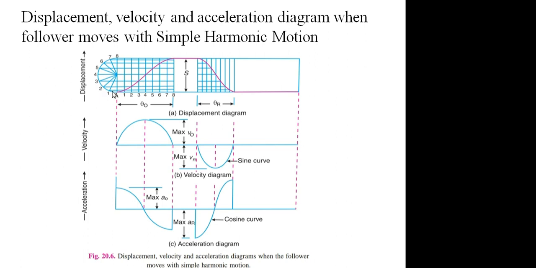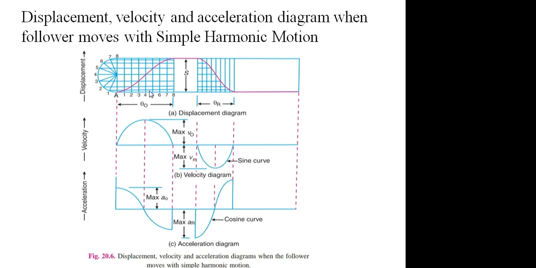Now this first horizontal line will intersect the first vertical line at this point. The second horizontal line will intersect the second vertical line at this point. The third horizontal line will intersect the third vertical line at this point.